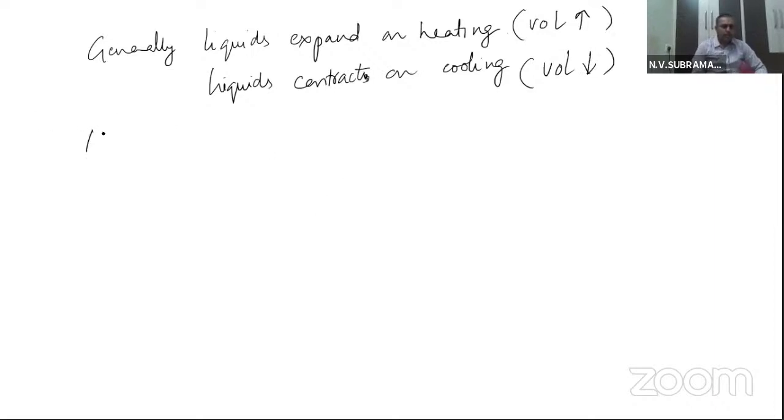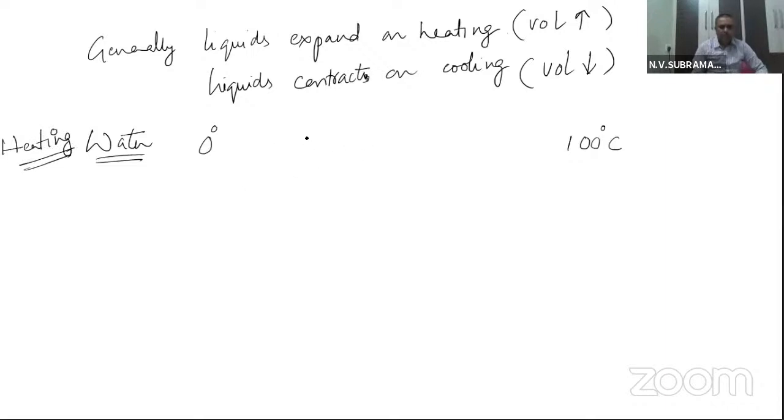What happens to water? Water is very special, children. Water is very, very special. What happens is, I will tell you. See. Let us say I am heating water from 0 degrees centigrade up to 100 degrees centigrade. 0 to 100 range. I am heating the water. Okay?